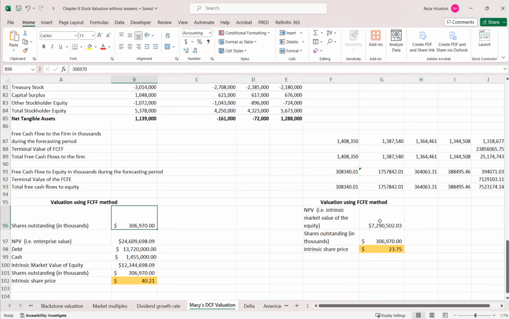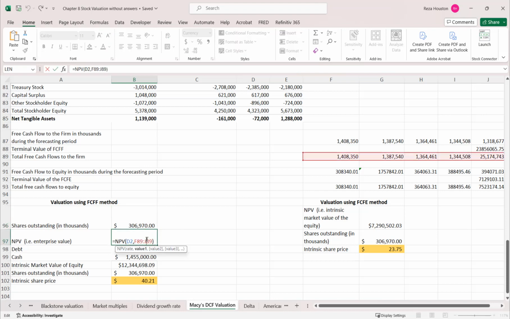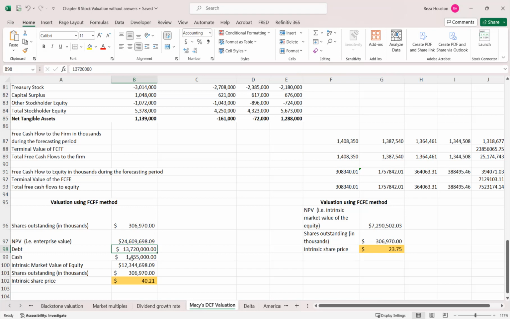Ultimately, I know the number of shares outstanding. Those are right here. And I can calculate the net enterprise value just using the NPV formula and the weighted average cost of capital. Subtract out the debt, add the cash. Ultimately, this is the intrinsic market value of equity, and I divide by number of shares outstanding. And ultimately, my intrinsic share price for Macy's using the FCFF calculation and two-stage DCF is about $40.